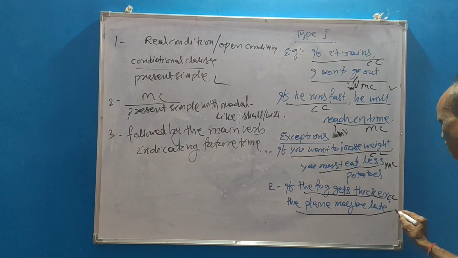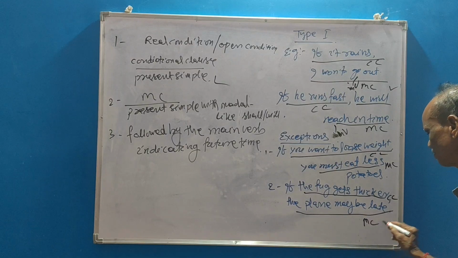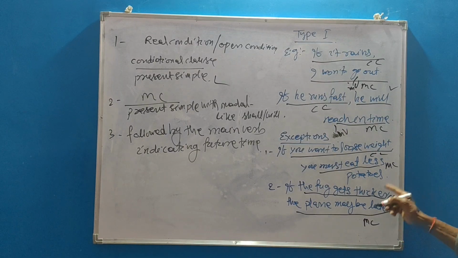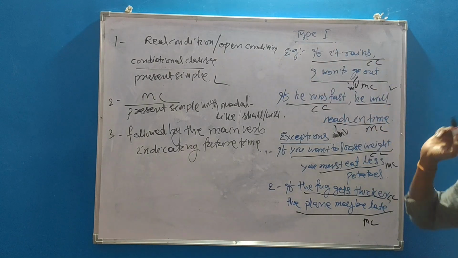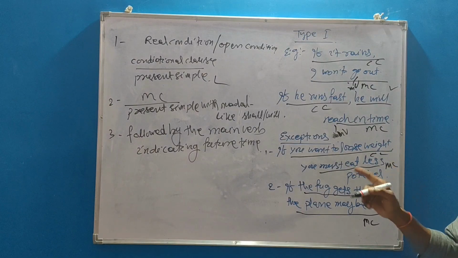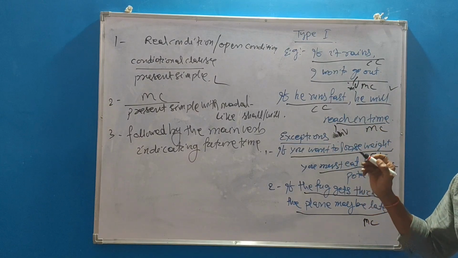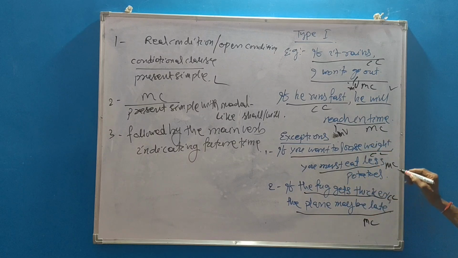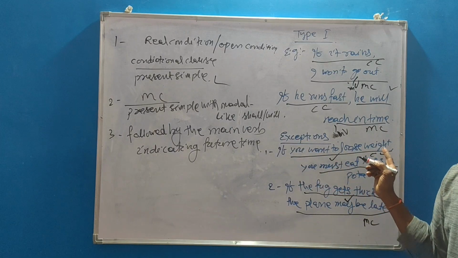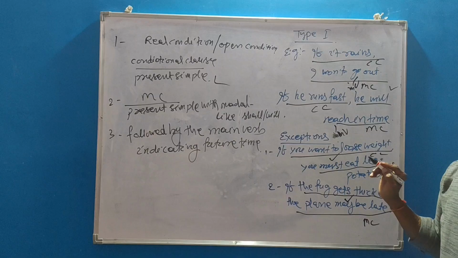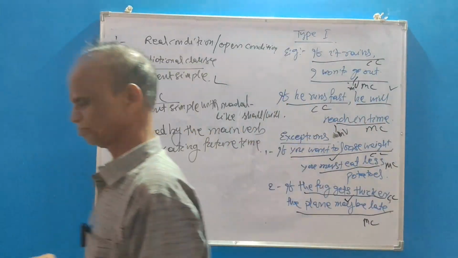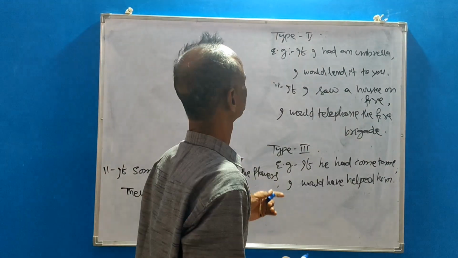The plane may be late, main clause. So it refers to real condition and open condition. But the question is why it is an exception? Will is replaced by must and may. So it is an exception. Type 1 conditional clause. Next.